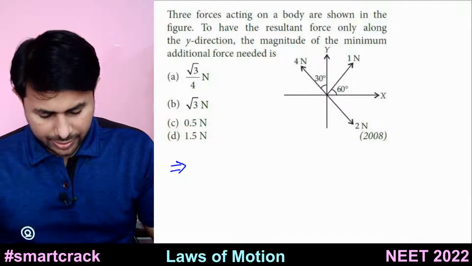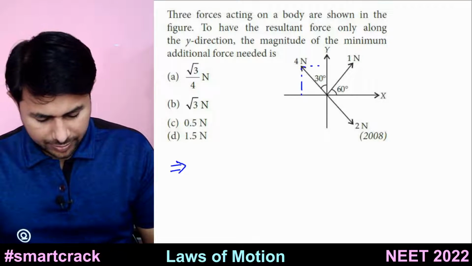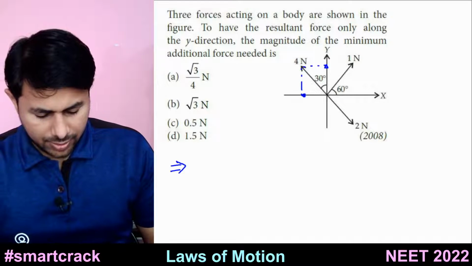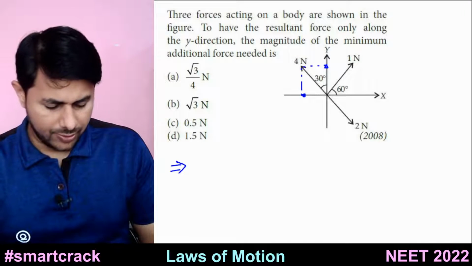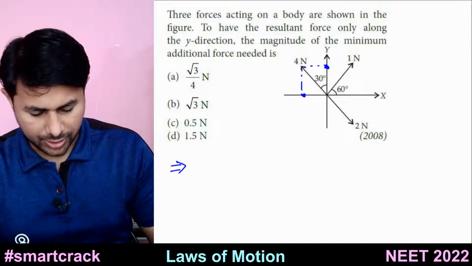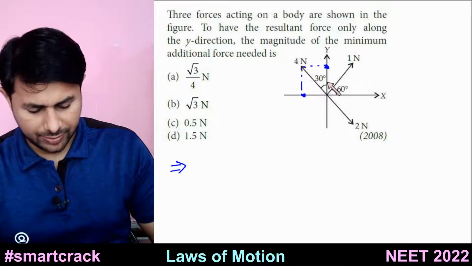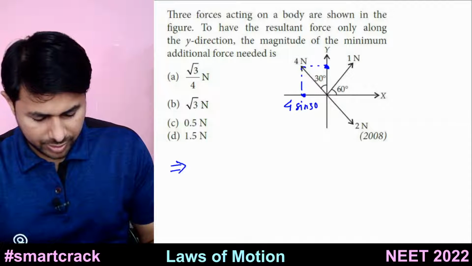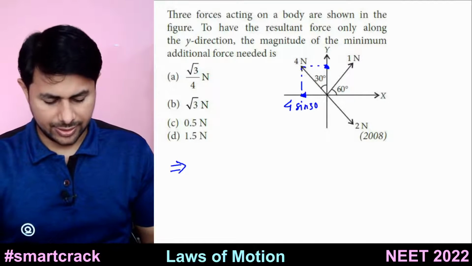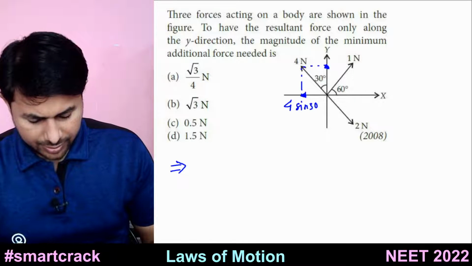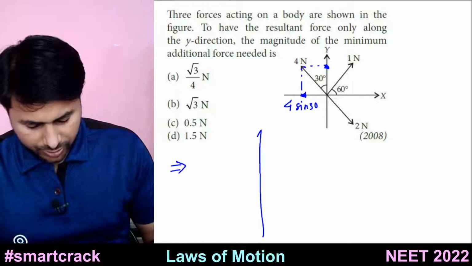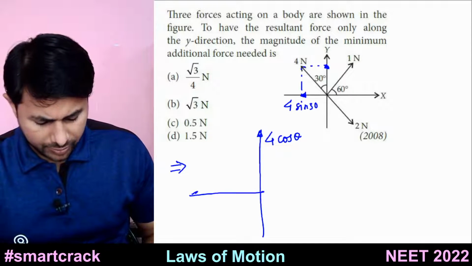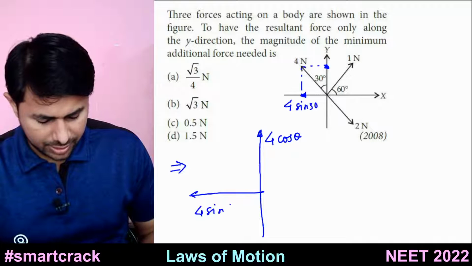So this force we can resolve in two components. It is 4 newtons, so 4 cos 30 will be along the vertical direction, and 4 sin 30 will be in the horizontal direction, right? So this is 4 cos 30 in the vertical direction, 4 sin 30 in this direction.